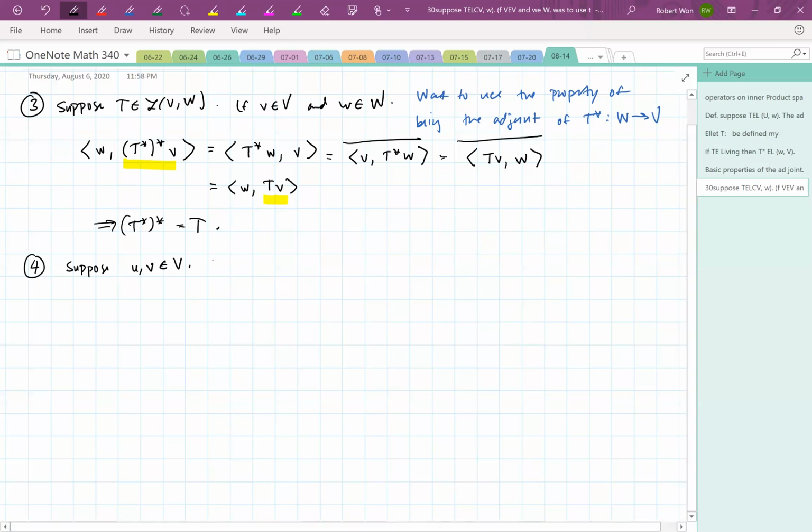Okay, then what does it mean to be the adjoint of the identity? It means exactly this. If you take the inner product of v with I star u, it's the same thing as taking the inner product of I, v, and u. That's what it means to be the adjoint of the identity. But of course, the identity applied to u, that's just v comma u.